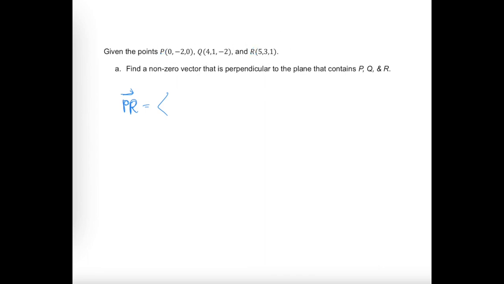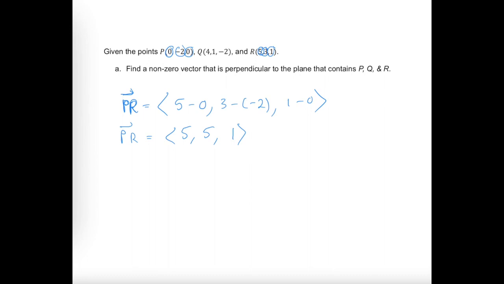The terminal point R is 5, and the initial point is 0, so we go 5 minus 0 for the x component. Then terminal minus initial is 3 minus -2. And again, terminal minus initial is 1 minus 0. Those are the components of our PR vector. Let's clean this up. This is going to be <5, 5, 1>.